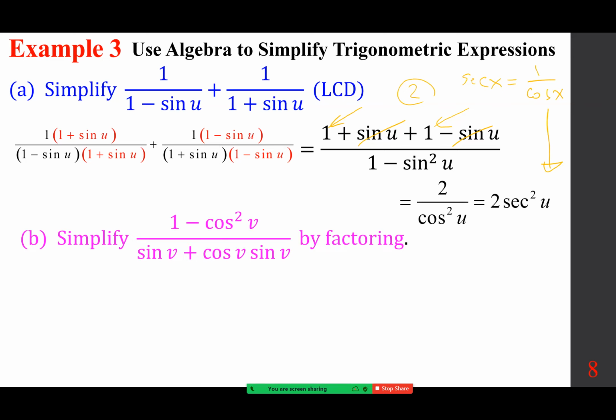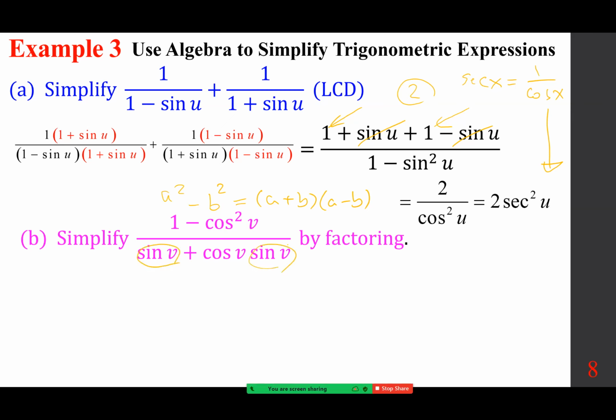We want to simplify this, and the technique is factoring. I hope you recognize the top is a squared minus b squared, because 1 is also 1 squared. So it becomes a plus b, that means 1 plus cosine, and a minus b, that means 1 minus cosine. As for the denominator, we have a common factor of sine v.